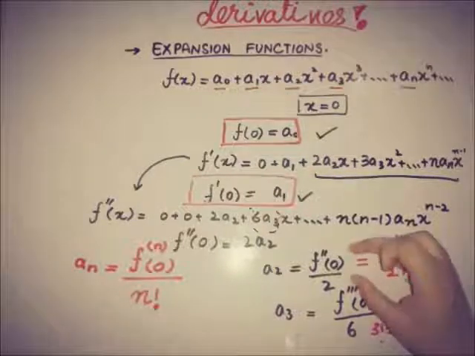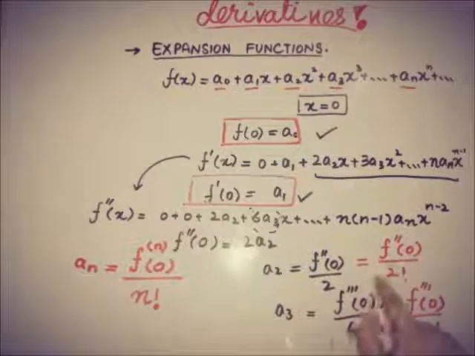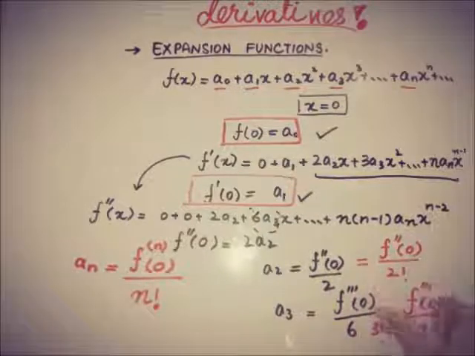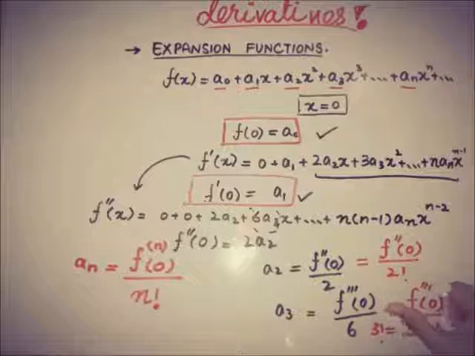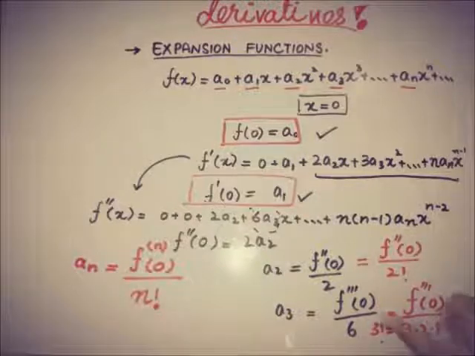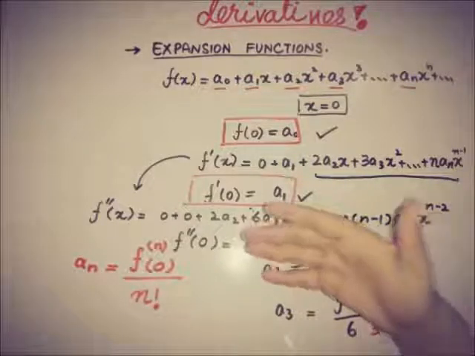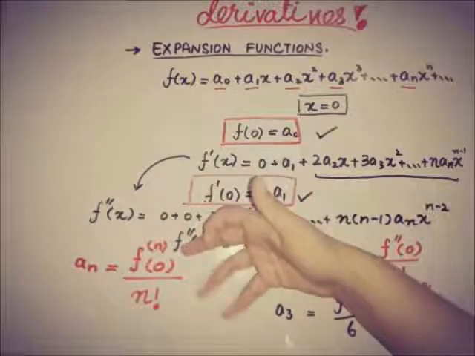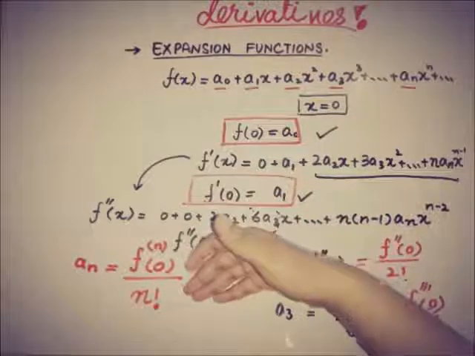Because 2 can be written as 2 factorial, and 6 can be written as 3 factorial, that is 3 into 2 into 1. So the nth value is the nth derivative at 0 divided by n factorial.